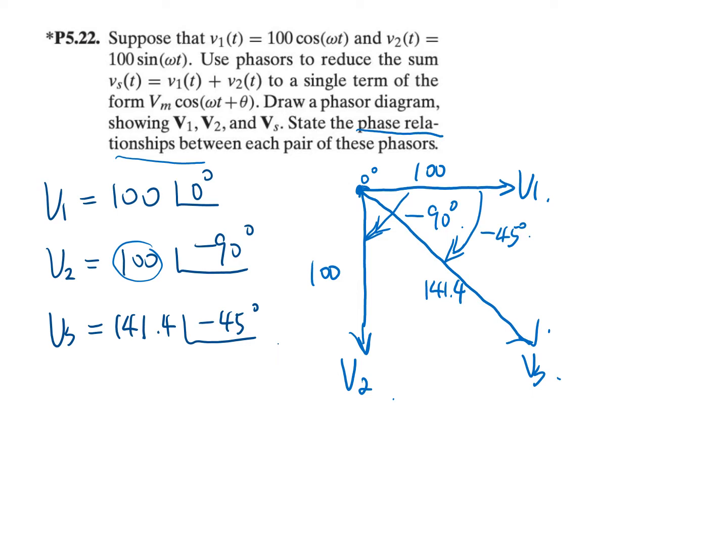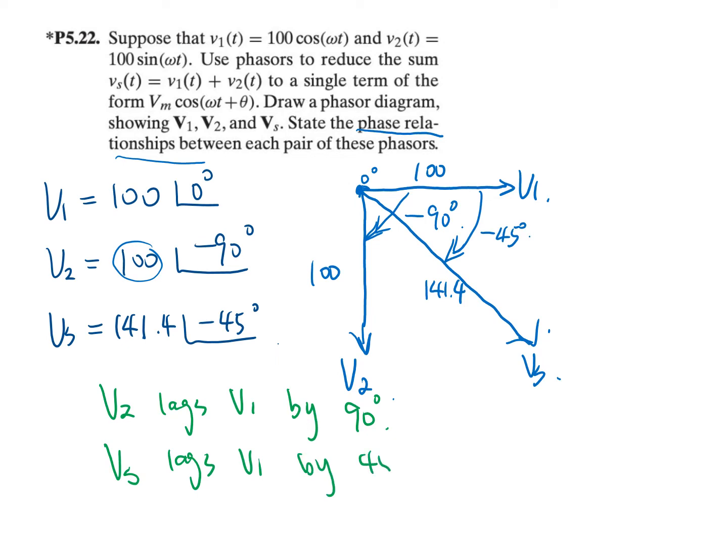So we get the first relationship: V2 lags V1 by 90 degrees. Let's see for V1 and Vs. Vs has an angle with V1 of negative 45 degrees. So Vs lags V1 by 45 degrees.